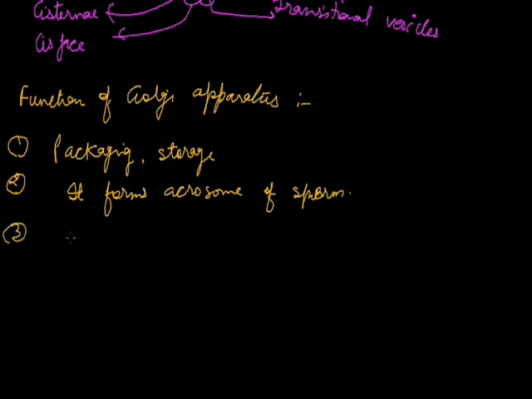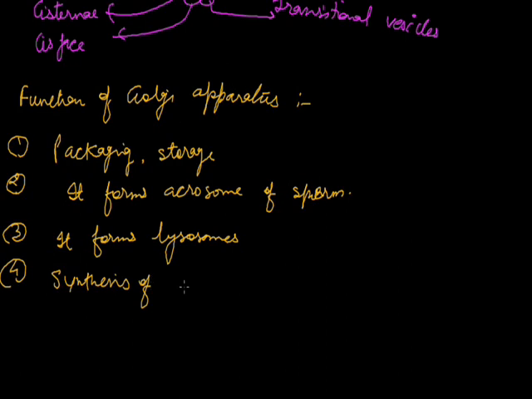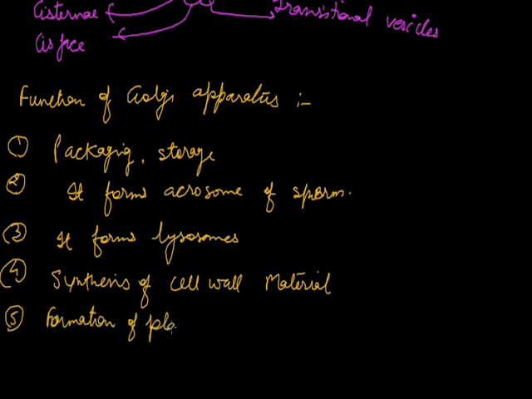The third one is it forms lysosomes. The fourth one is synthesis of cell wall material. And the fifth one is formation of plasmalemma.